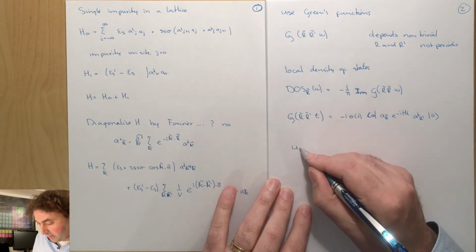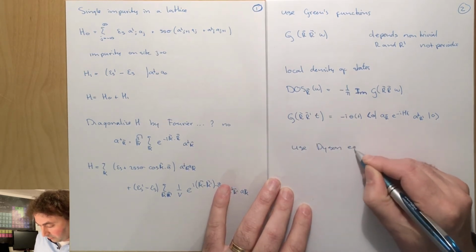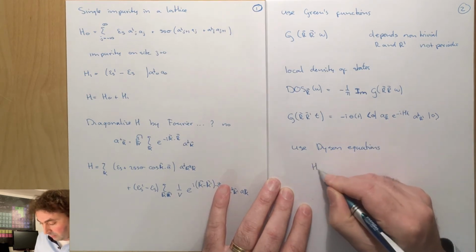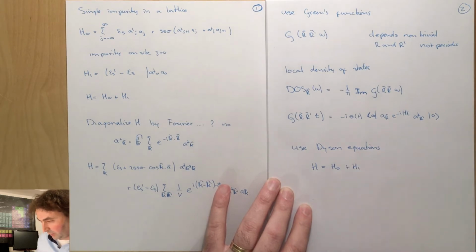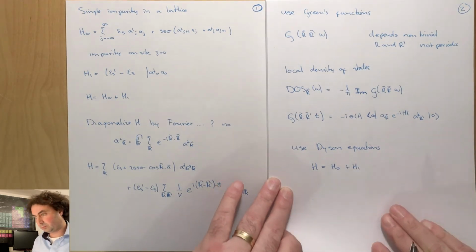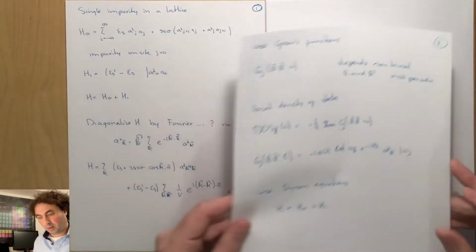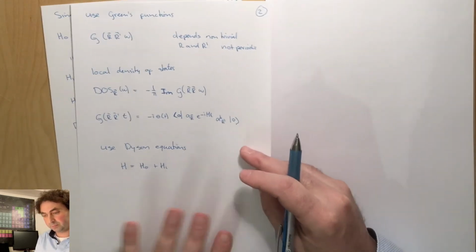So we're going to use the Dyson equations. And we have our full Hamiltonian given by H0 plus H1, and our H0 and our H1 are given here.